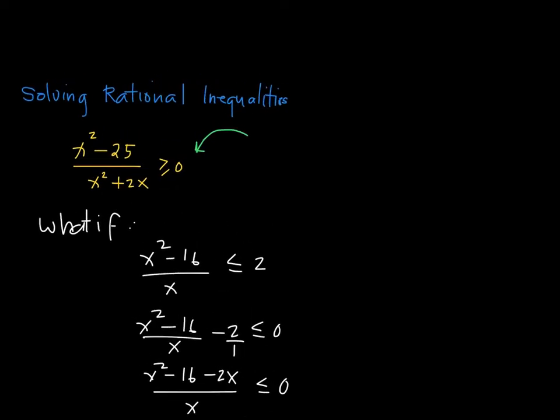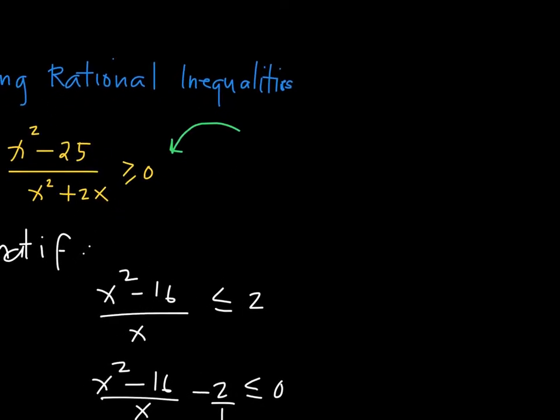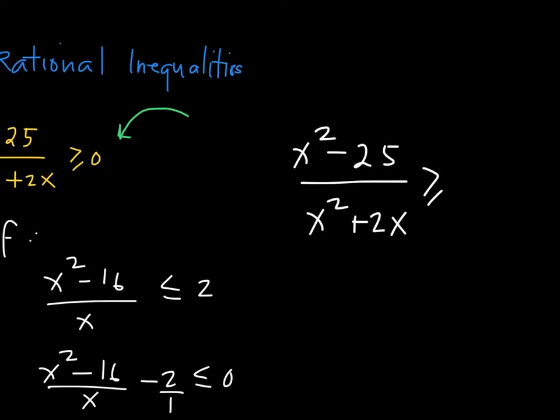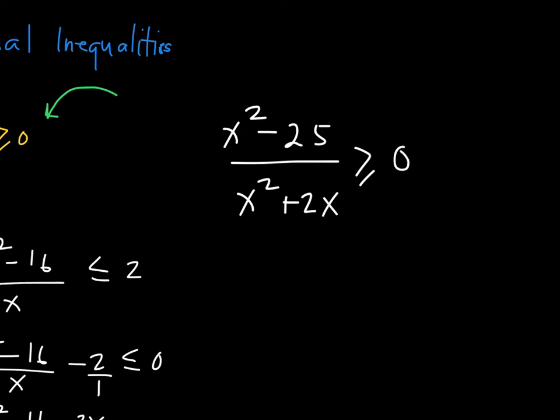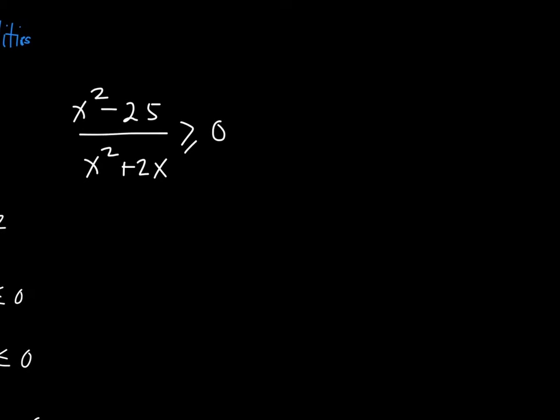Okay, so knowing that, let's go back to our main problem, and that is to solve the inequality x squared minus 25 over x squared plus 2x, greater than or equal to 0. Let's focus on this now. This is basically your first step, to check if the other side is equal to 0, and in this case, yes, it's already 0.